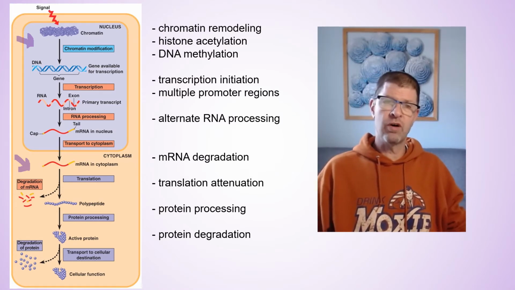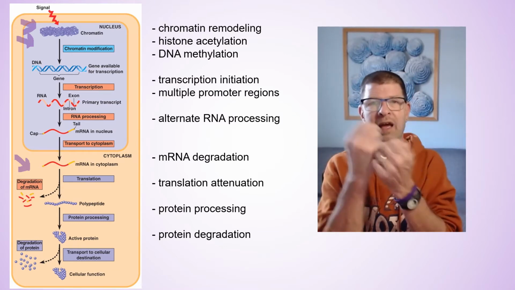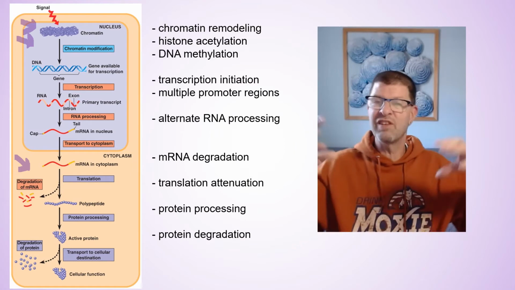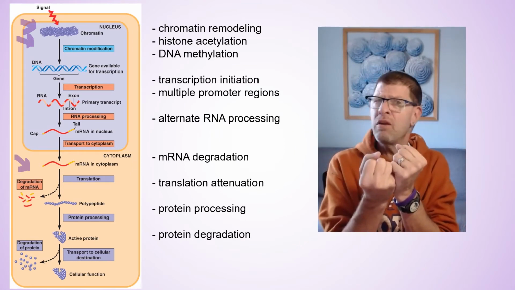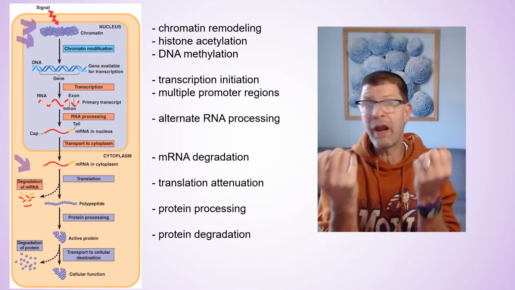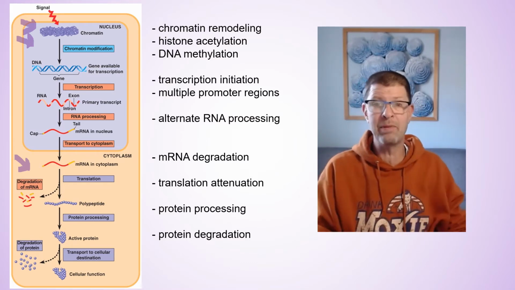So first of all, it says here that there's something going on with the DNA in the chromatin. Remember, chromatin is when the DNA is wrapped around some proteins and packaged up into a chromosome. It turns out that we can not express a gene by just not unpacking it, and that does happen sometimes.